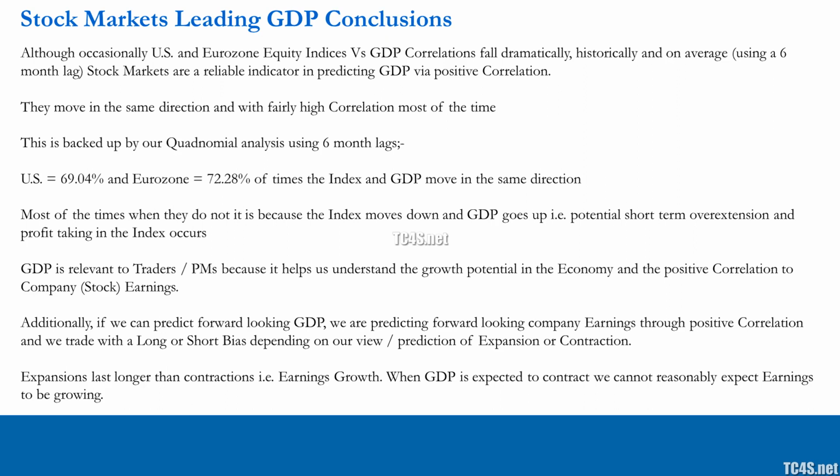Now, we know by looking at the data, expansions last longer than contractions. So what does that mean on a company level? It means earnings growth lasts longer than earnings contraction. Economic growth, GDP growth, lasts longer than GDP contraction.